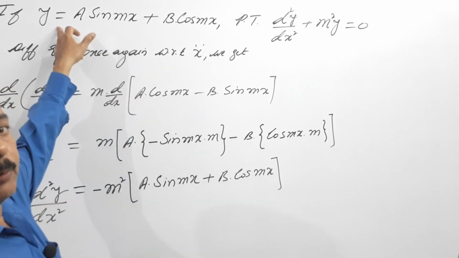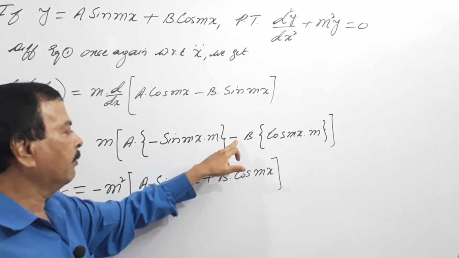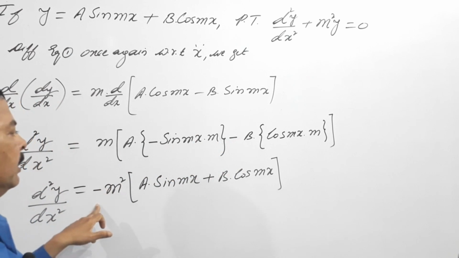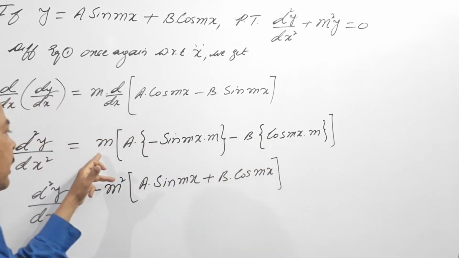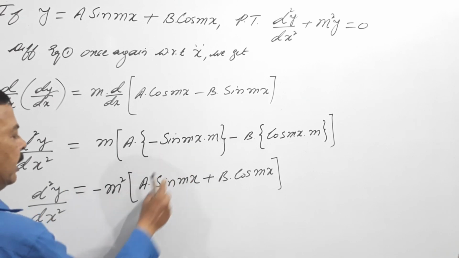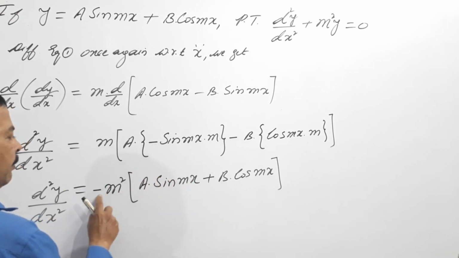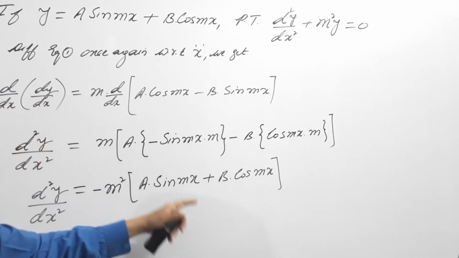It is nothing but our y, right? So how did we get this minus here? We have a minus sign here and a minus sign here. I have taken that minus sign common. We have one m here, and for this also, if you take that m common outside, this becomes m into m, that is m square, and minus sign. If you multiply and see, again you get minus sin mx, and minus into plus becomes once again minus. So our assumption is right.